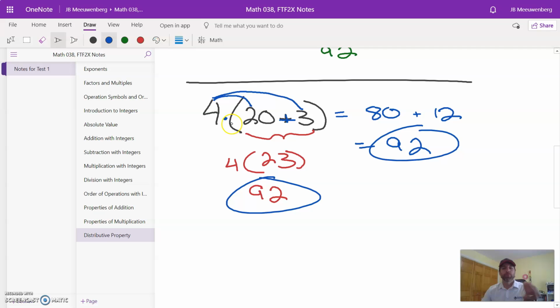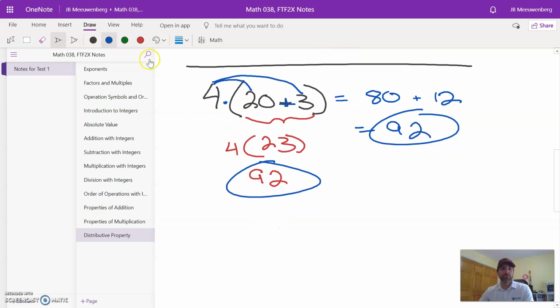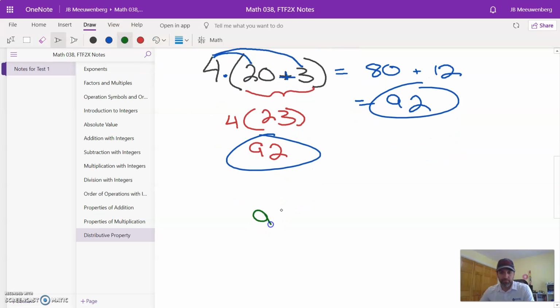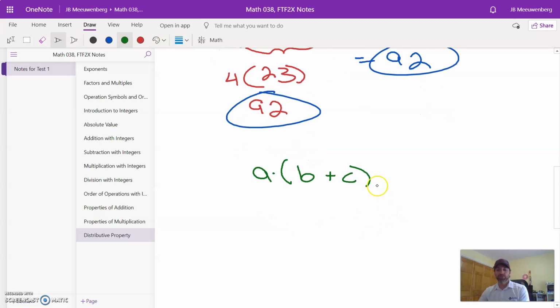So the distributive property is when we have multiplication out front and two things added or subtracted in the parentheses. A times, we say the quantity, that's a word we often use, A times the quantity B plus C is equal to A times B plus A times C. And I can even write it without the dots: AB plus AC.